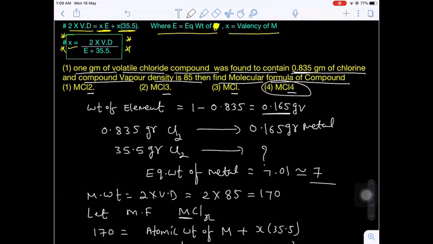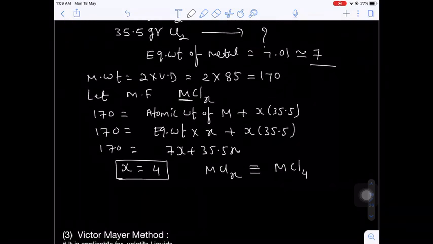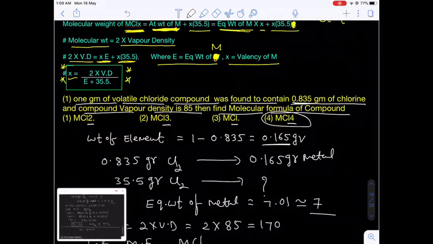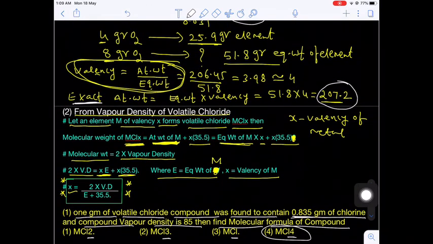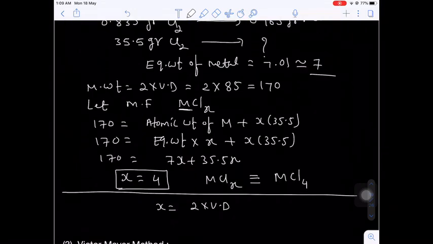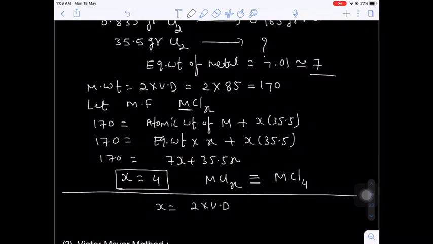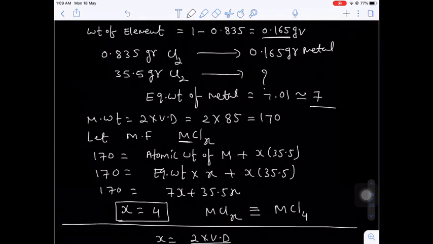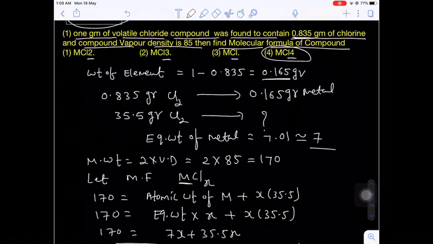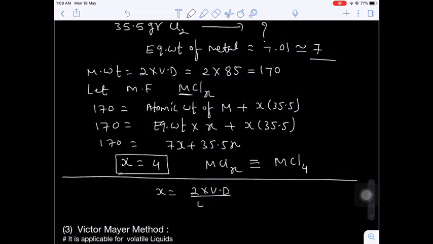Otherwise, if you know the direct formula, you can directly use it: valency X is equal to 2 into vapor density divided by E plus 35.5.